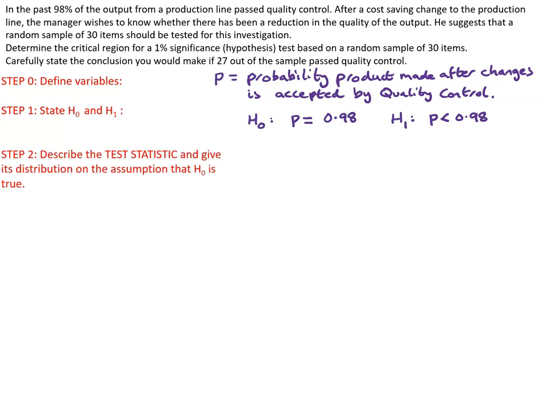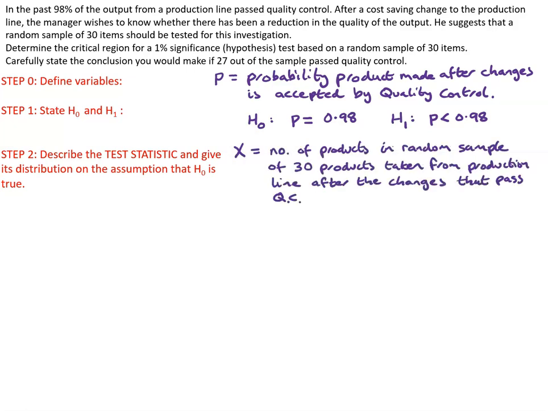Next step, we must describe the test statistic and give its distribution on the assumption that H0 is true. The sample that we're going to be taking is 30 items, and the test statistic X will be the number of products in this random sample of 30 products taken from the production line after the changes that pass quality control.